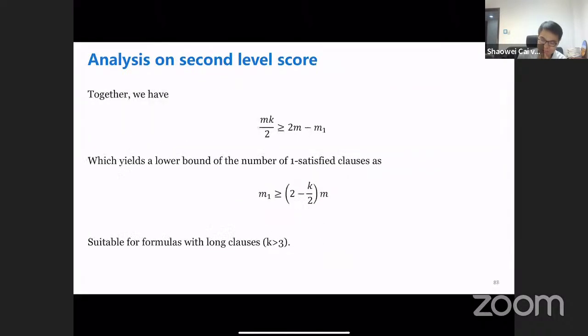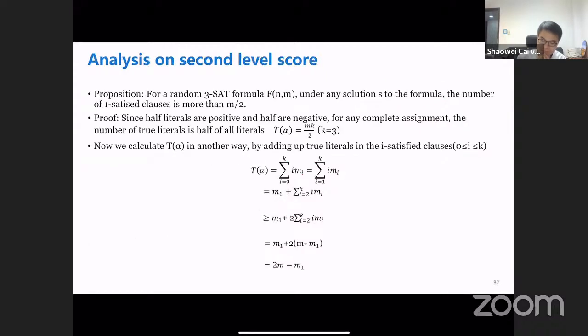It really helps especially for SAT with large k greater than 3. But for 3-SAT, we proved that this cannot be used, because for 3-SAT, in any solution, the number of critical clauses is at least half of the clauses.